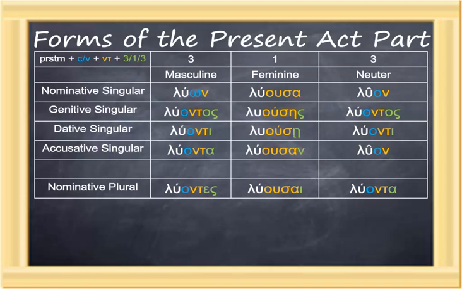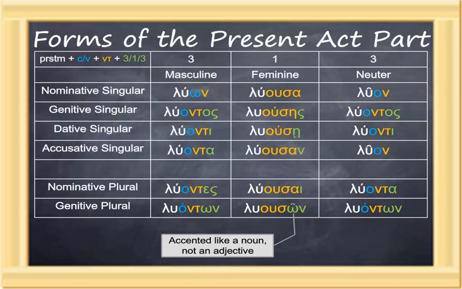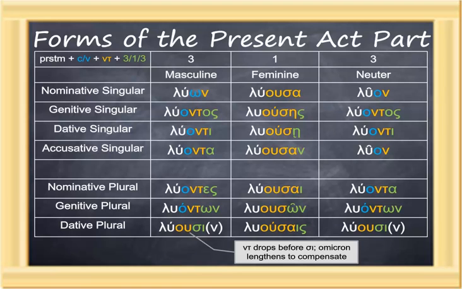Nominative plurals are as expected: luontes, lousai, luonta. Genitive plurals: luontōn, lousōn, luontōn. Interestingly, whereas in adjectives the accent doesn't move in the genitive feminine plural, in participles it does. It goes to the end, like in all genitive plural first declension nouns. The dative plurals are lousi, lousais, and lousi.